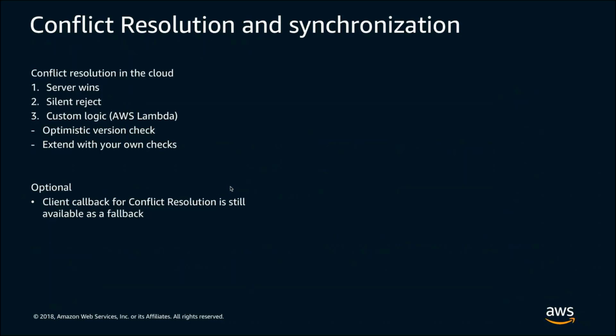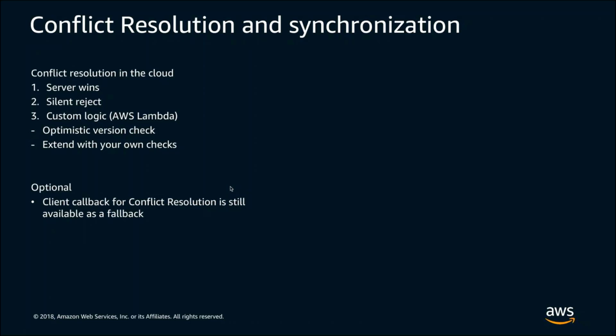There are three strategies for conflict resolution when you're specifying conflict resolution on the cloud. The first one is the server always wins strategy, where you're basically saying, I'm going to ignore whatever data the client sent to me, and I'm going to assume that the data on my service is always right.